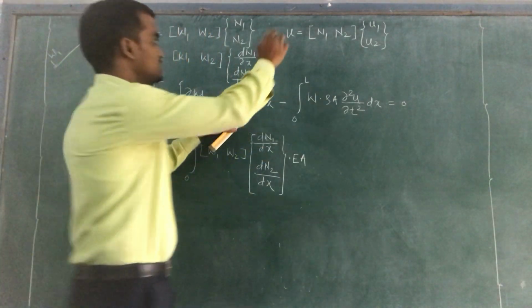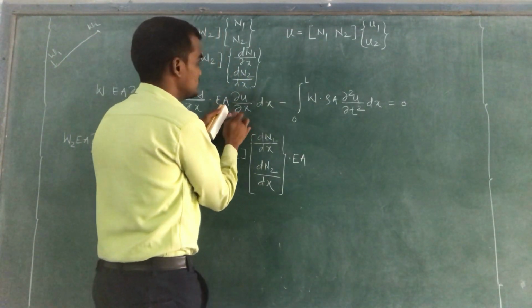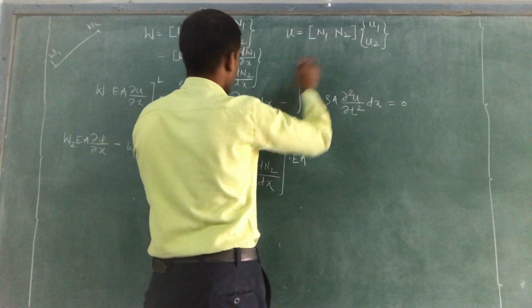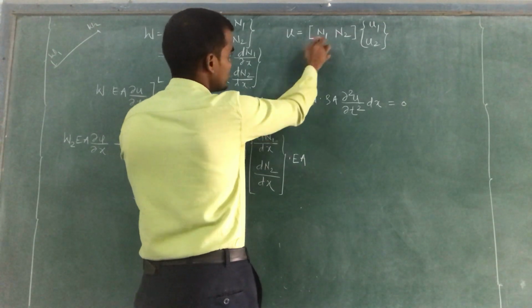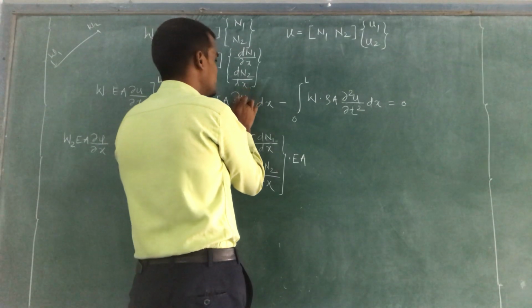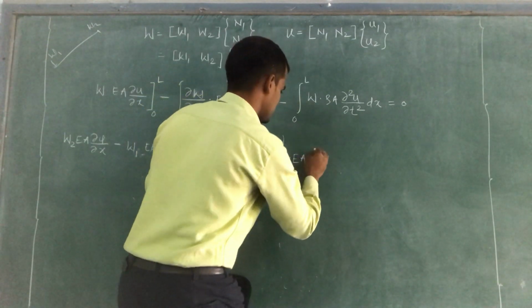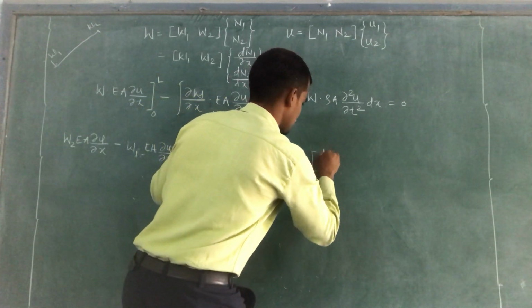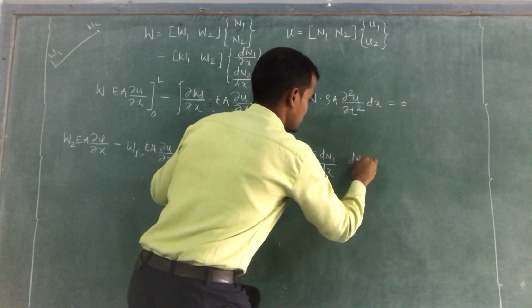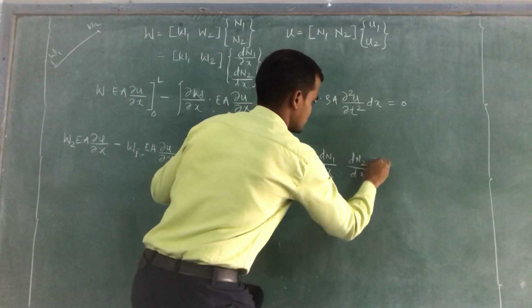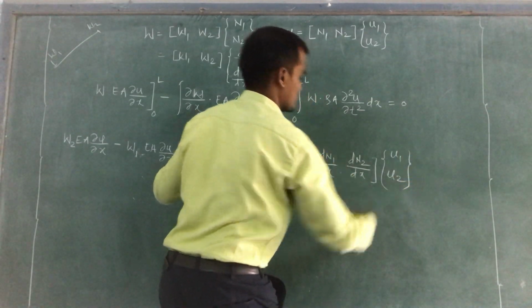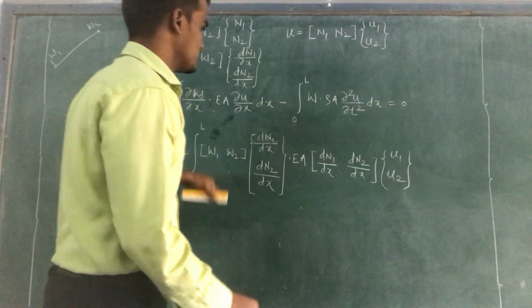By using this u, because u is a function of N1 and N2, it will become [dN1/dx dN2/dx] into [u1 u2] dx.